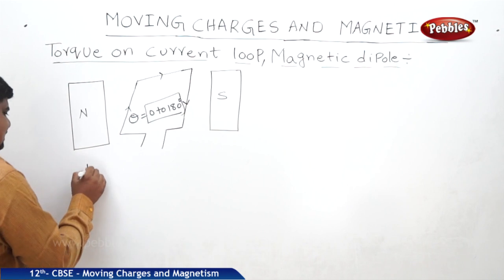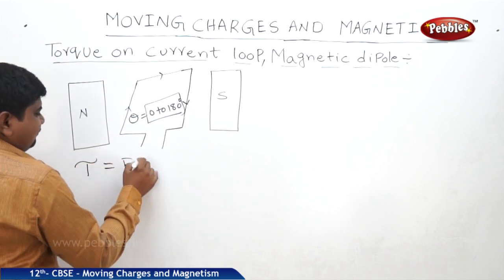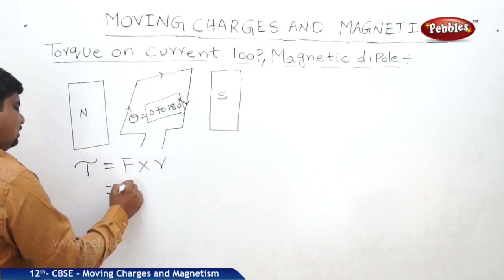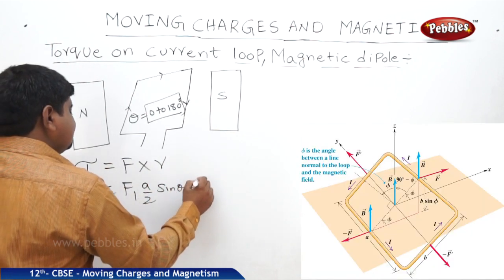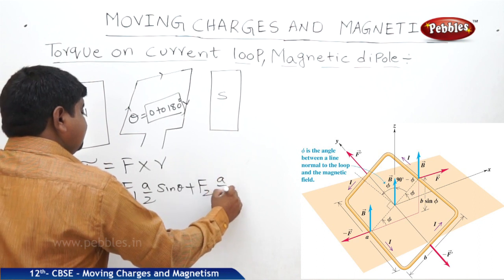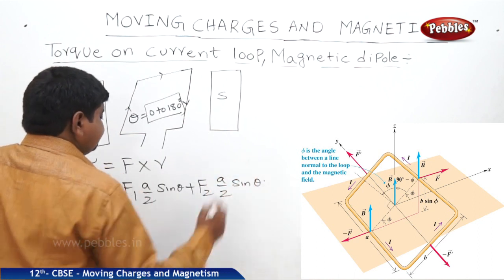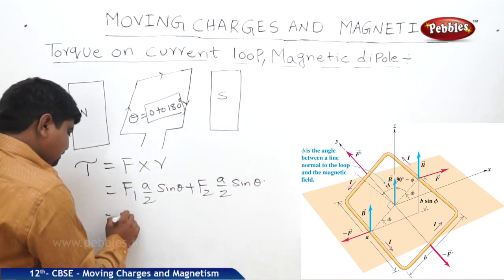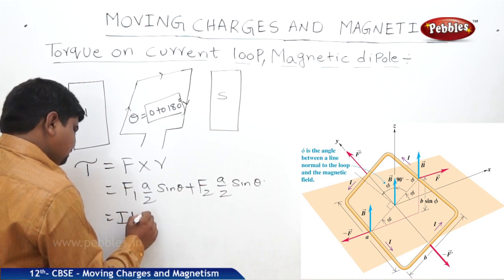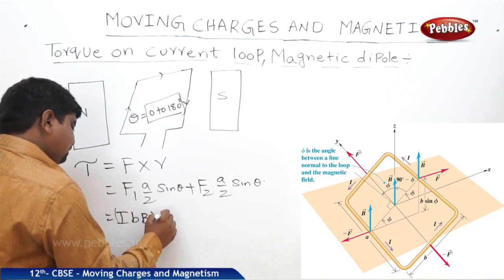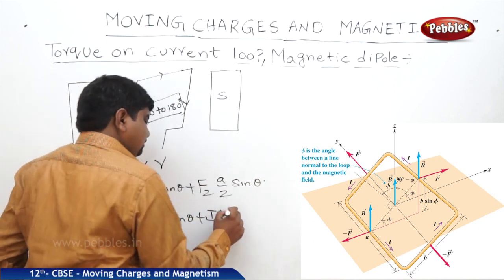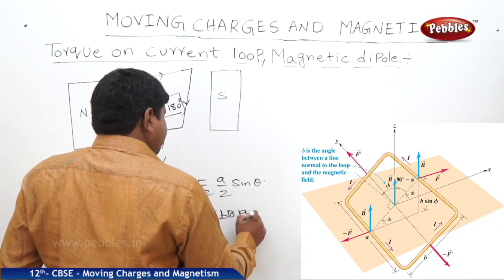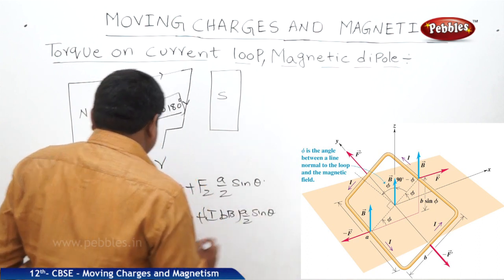In this case, torque we can write as F cross R, which is F1 A by 2 sine theta plus F2 A by 2 sine theta. What is F1? IBB A by 2 sine theta plus IBB A by 2 sine theta.